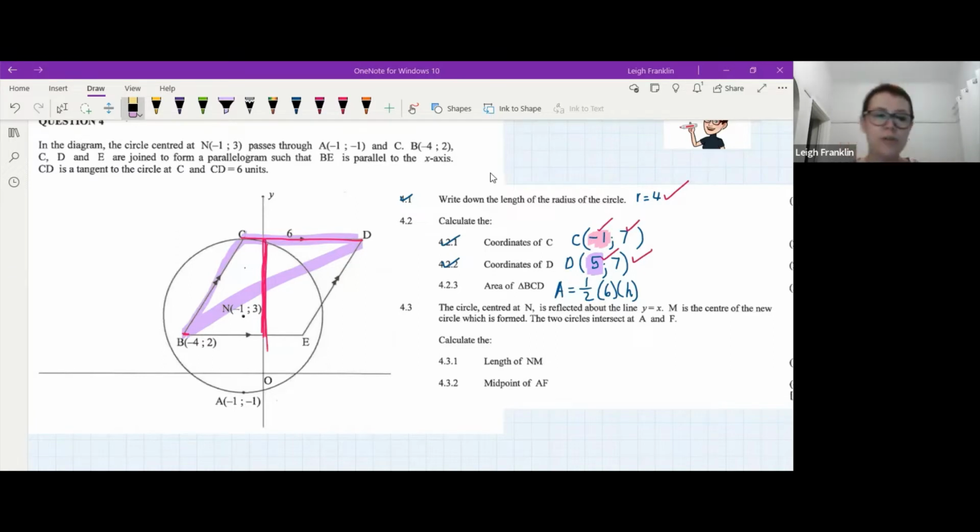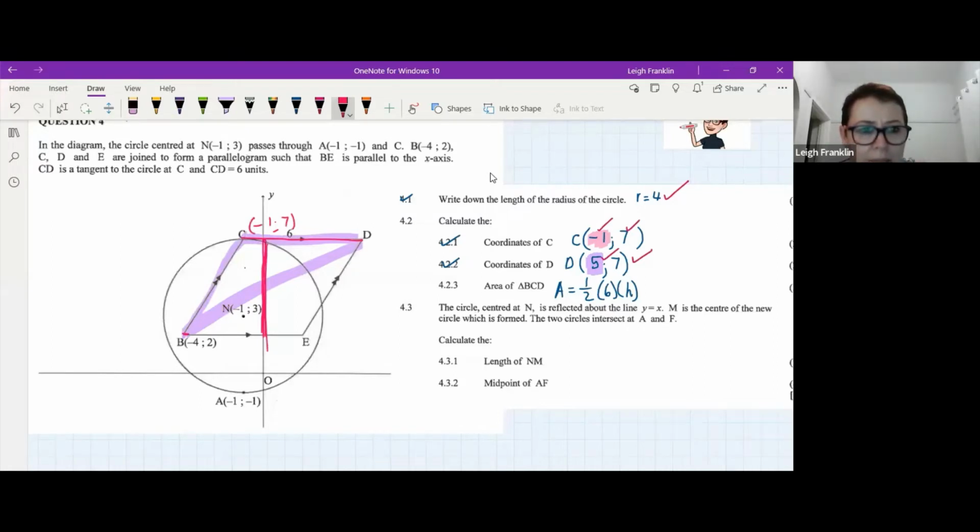So now we know that those two lines are parallel to one another. I'm just thinking now, how are we going to work out the perpendicular height? It's a tangent to the circle over there. So we know that the coordinates over here are -1 and 7.